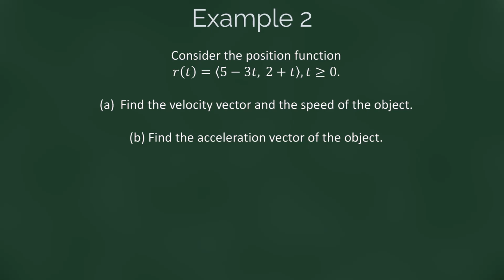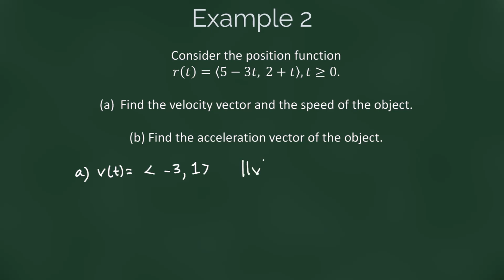Our next example is pretty similar, but we're working in two-dimensional space, so we have the vector valued function 5 minus 3t, 2 plus t, and we want to find the velocity and speed, as well as the acceleration of the object. So for part A, the velocity is going to be the derivative of the position function, so we're going to get negative 3 and 1.